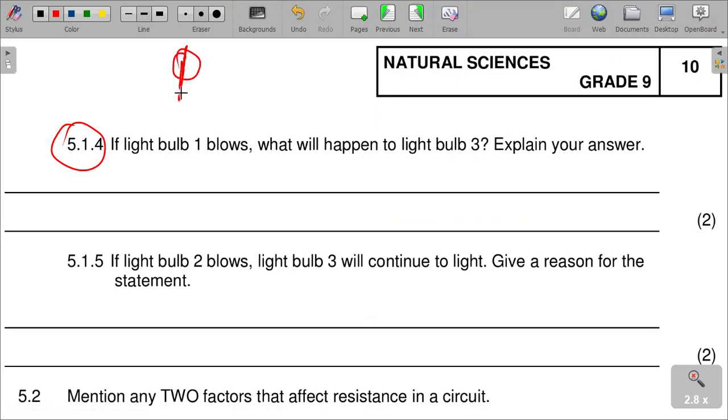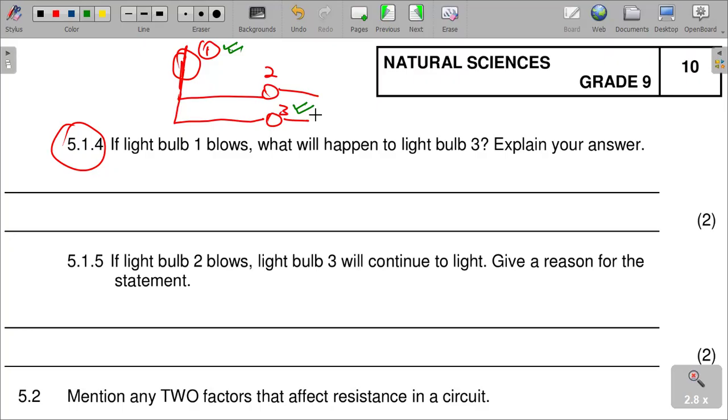We have got light bulb 1 here, and then we have got light bulb 2 there, and then we have got light bulb 3. So the question is saying, if light bulb 1 blows, what will happen to light bulb 3?